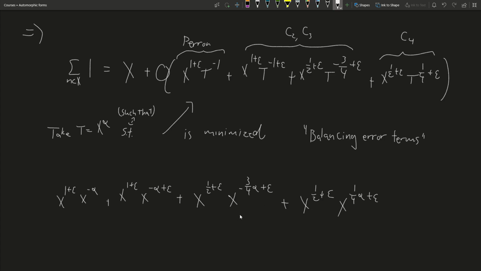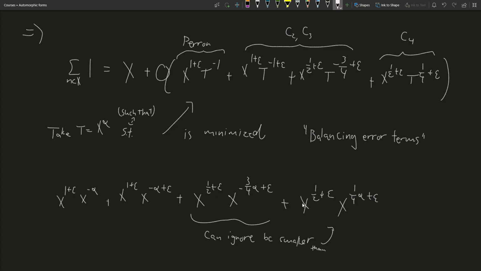And we want to minimize this. And okay, through some inspection, we can see that we can ignore this term. We can drop it because it's just smaller than this term, right?